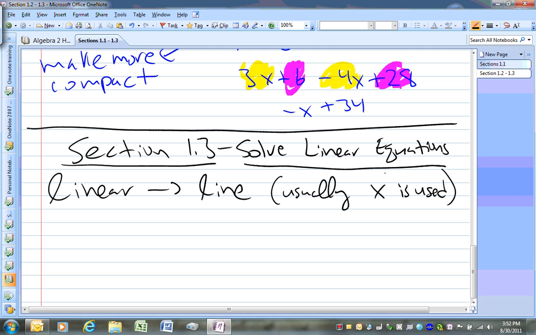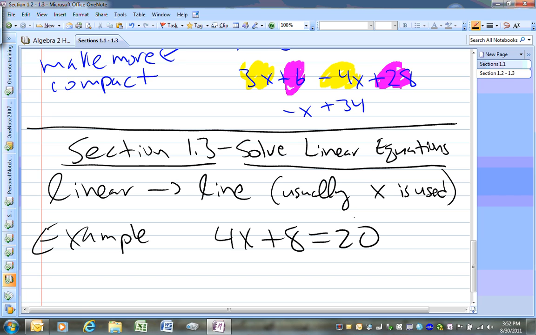So let's look at an example. Four x plus 8 equals 20. Now remember, this is called an equation because now you have an equal sign. And we solve equations. So of course, we're asked to solve for x.